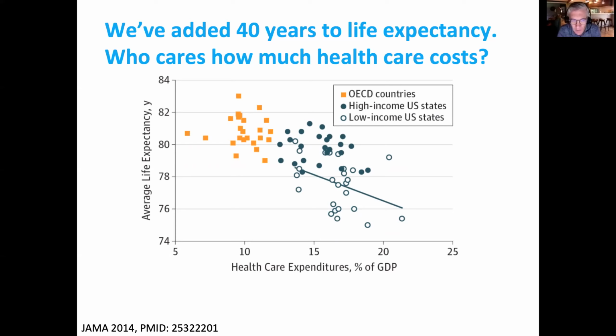And so what we see here is a very neat and tidy linear decrease in life expectancy as healthcare expenditures rise. That is, the more any given state or any given country spends on healthcare as a percentage of its gross domestic product, the less long the people in that state or country can expect to live. Now, this is strictly observational. This is not the result of any experiment, at least not any intentional experiment.